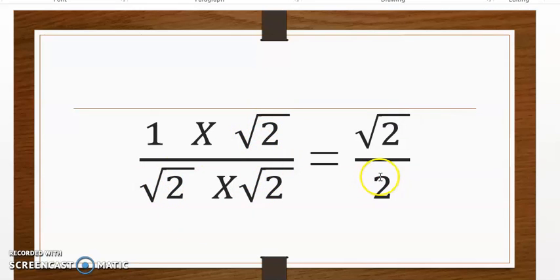And root 2 into root 2 will be 2, and 1 into root 2 is root 2. So I have made 1 by root 2 into an equivalent fraction whose denominator is a rational number. This process is called rationalizing the denominator. I have made the denominator into a rational number.